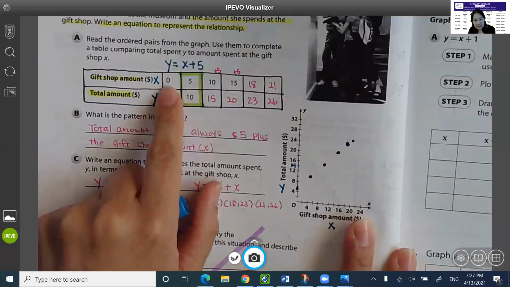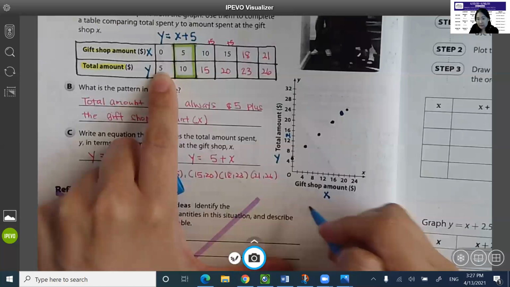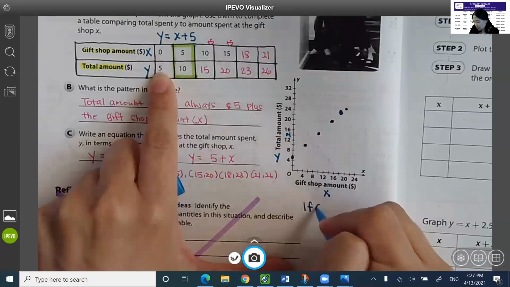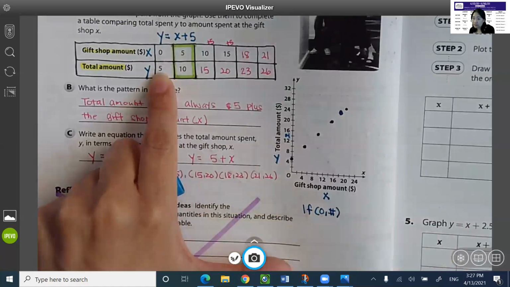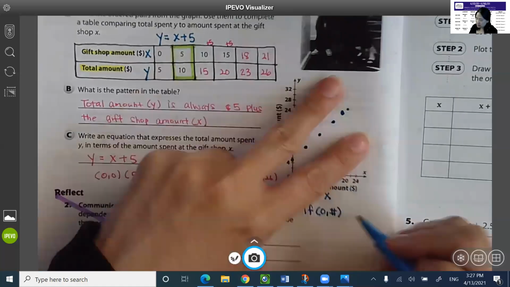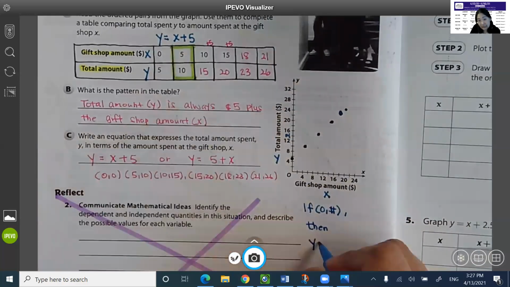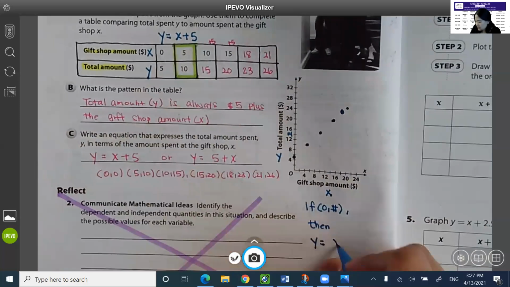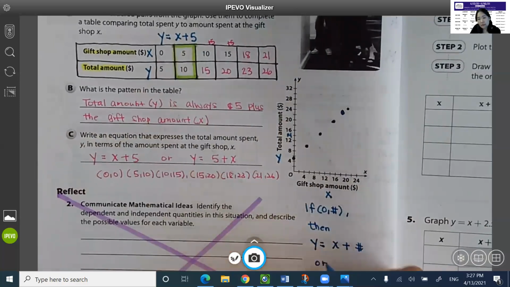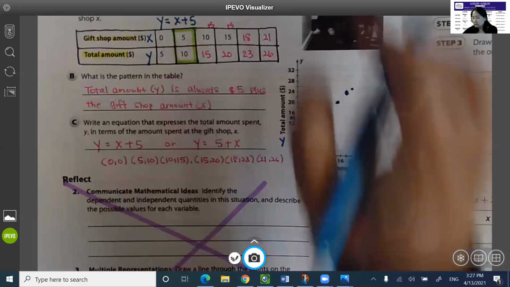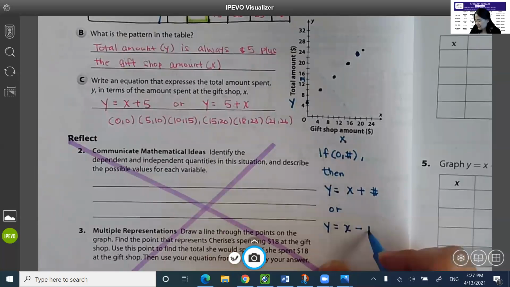But if when x is 0, y is not 0. So if x is 0, but y is something other than 0, then your equation would be y equals x plus a number, or y equals x minus a number.